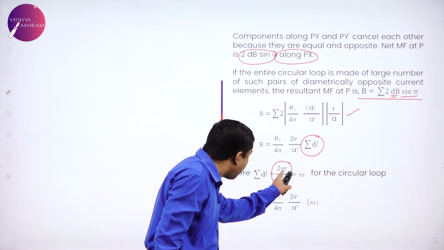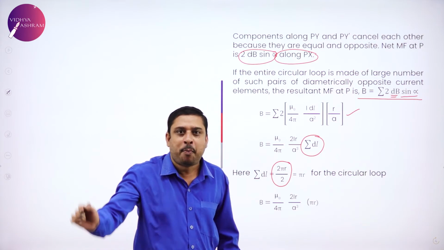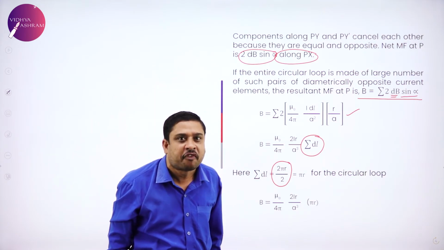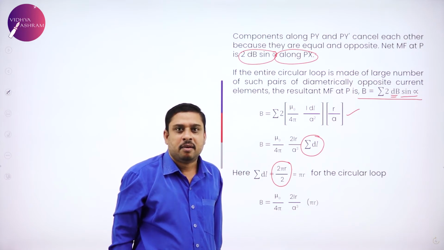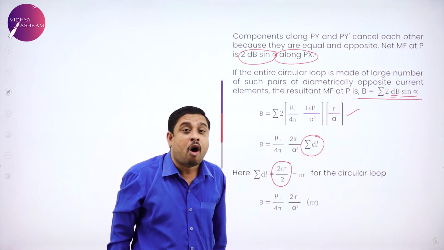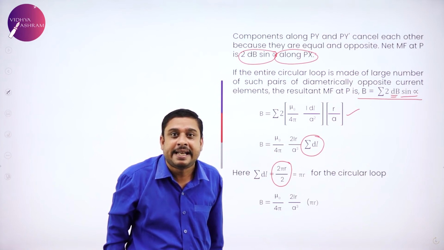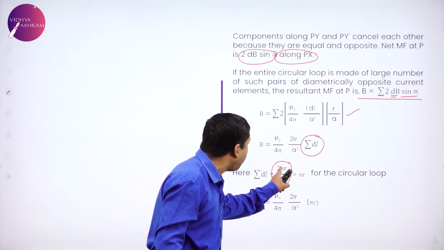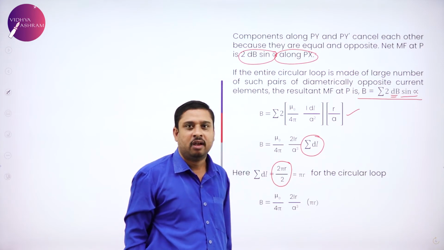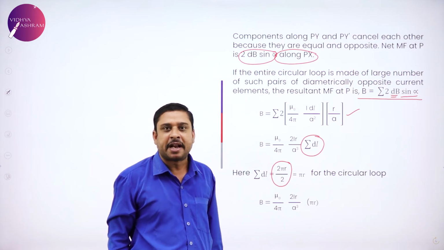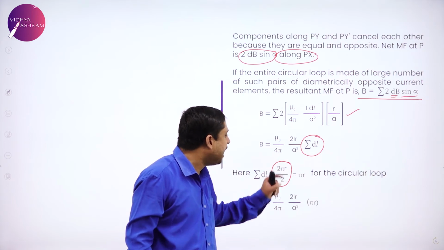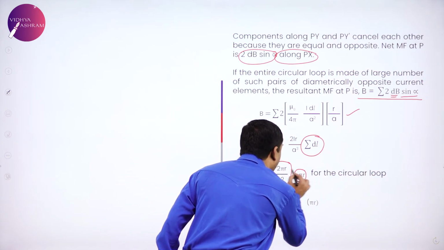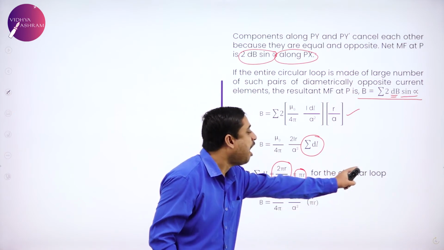Why 2 pi r by 2? 2 pi r is the entire circumference of the coil. But I am considering two opposite current elements, half of the coil. So 2 pi r by 2, the circumference of the coil divided by 2, which is nothing but pi r for this circular loop.